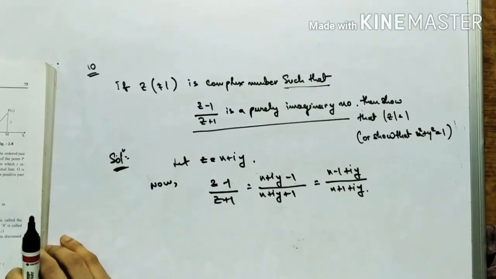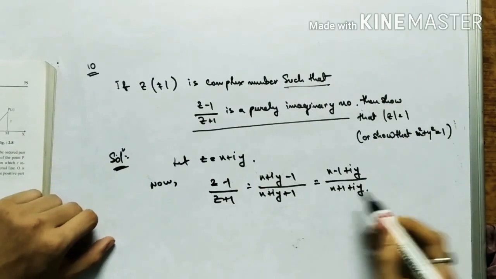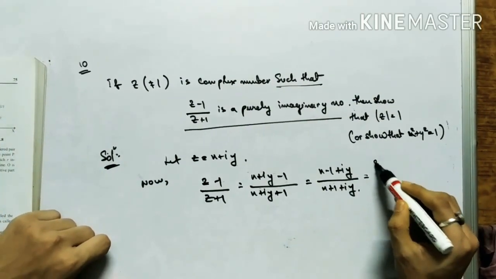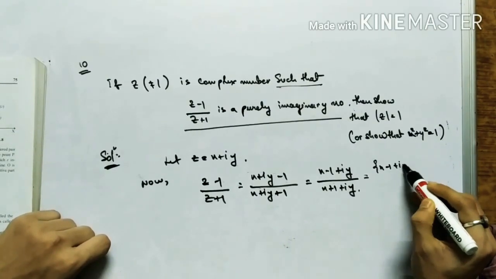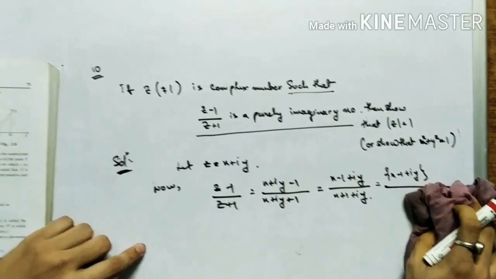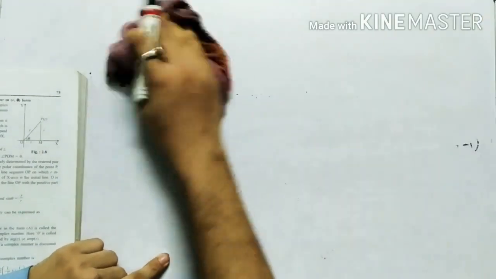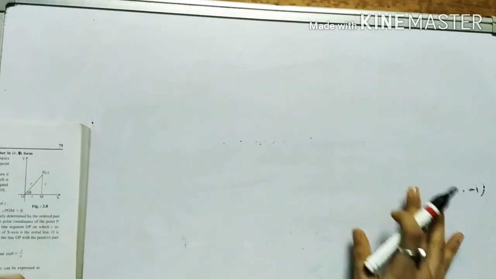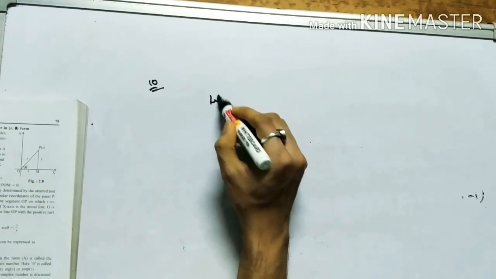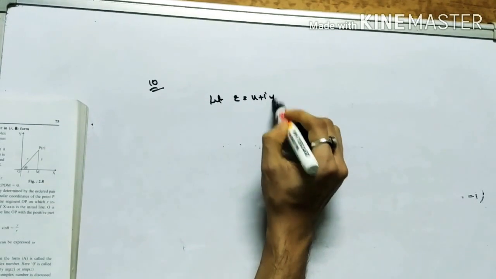This is the question I have written, number 10. First of all, let z is equal to x plus iy.